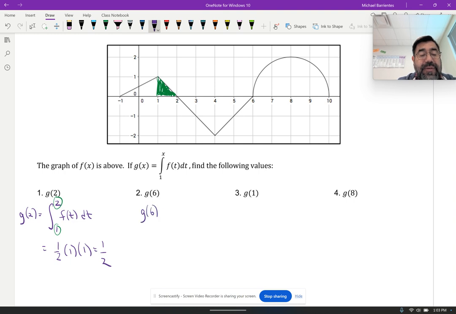G of 6, according to this definition, g of any x value is equal to the integral from 1 to that x value of f of t dt. Okay, so now I'm going from 1 to 6. So I'm starting here, but I'm going all the way over here. And now I have to worry about this negative accumulation.